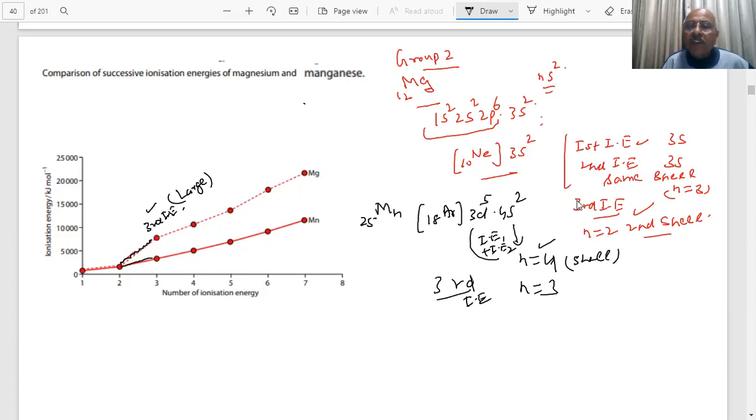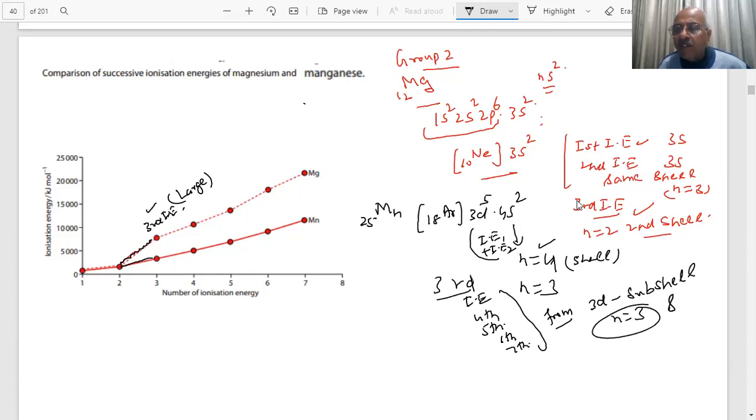But then after that, what happens? All the other electrons, up to 5 more electrons, are being removed. Third, fourth, fifth, sixth, and seventh. They will be removed from the 3d subshell, the same subshell with n equal to 3.